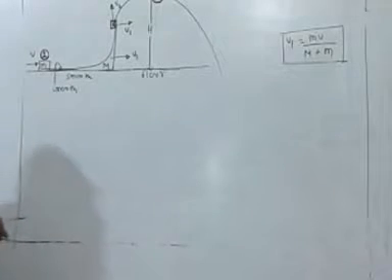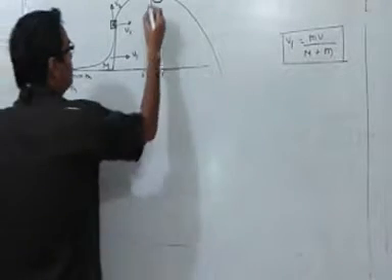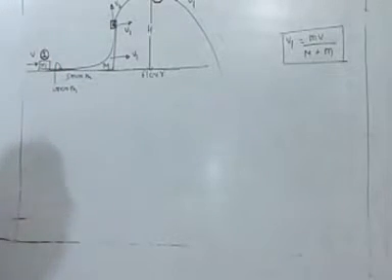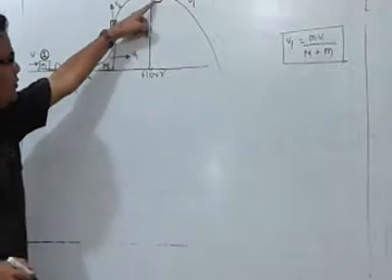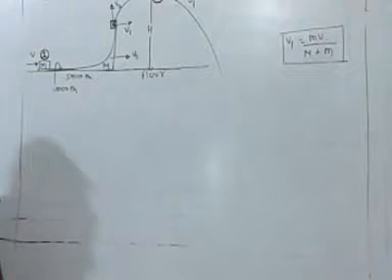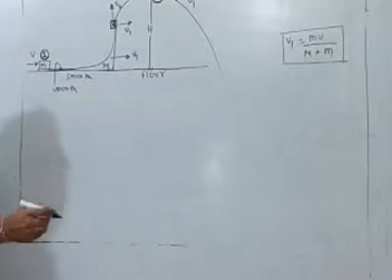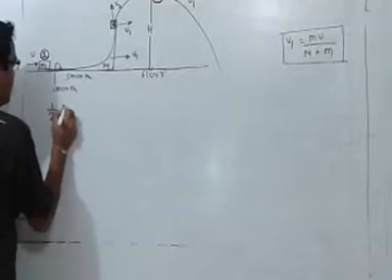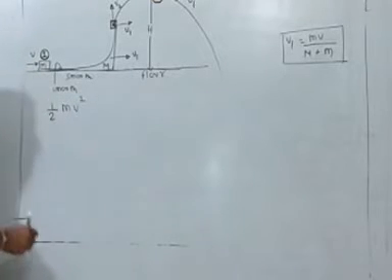Its vertical velocity becomes 0. So it has only a horizontal velocity v1. At this particular point, the energy of the system is half m into v square.